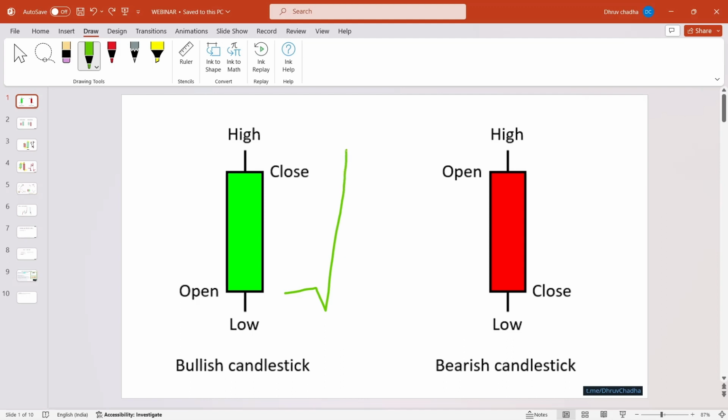This is the low, this is the open, this is the high, and this is the close. And for the sell candlestick, we have an open, a high, a low, and a close, right? This is the very basic concept of OHLC.